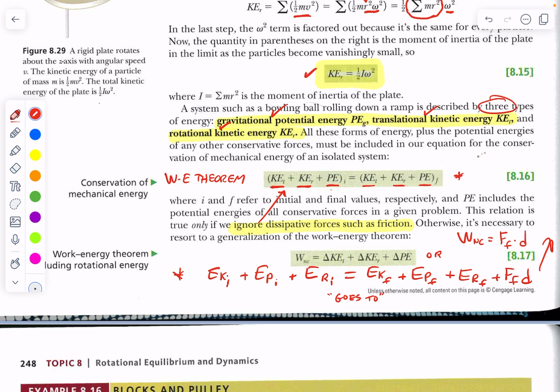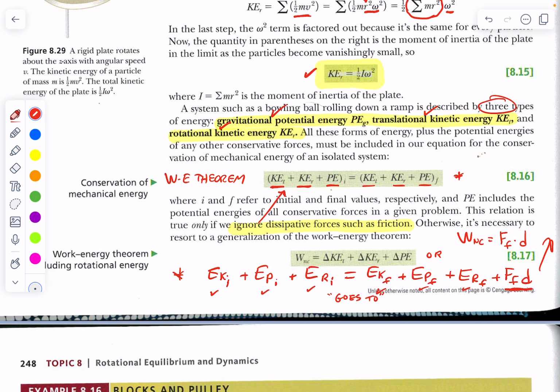I start off with maybe some kinetic energy, maybe some potential energy, maybe some rotational kinetic energy. And as that energy is used up, it goes to these things at the end of the problem. And notice I've added a term here to represent any energy that's lost due to friction.